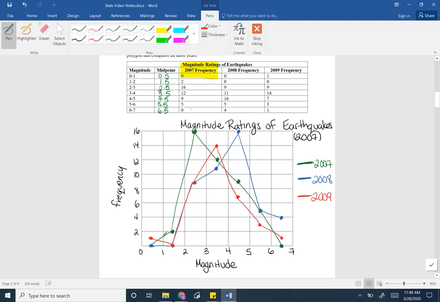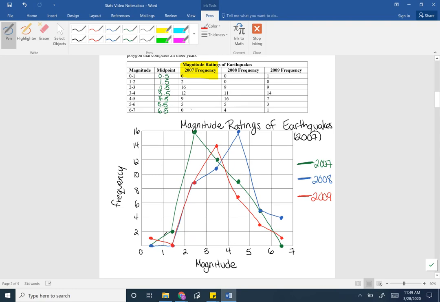And there we go. So what's really nice about a frequency polygon is that it's a way of representing a histogram in a nicer way. If I had a bunch of histogram bars in here, it'd be really difficult to read. But using lines, I can now compare this data a lot easier. So for example, I could say something about 2007 to 2008: the most popular rating for 2007 was a magnitude between 2 and 3, while the highest was between 4 and 5 for 2008.